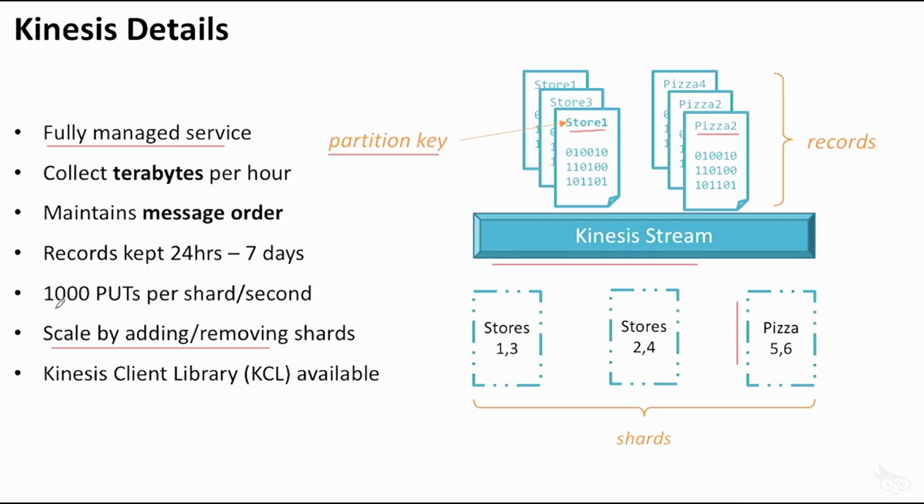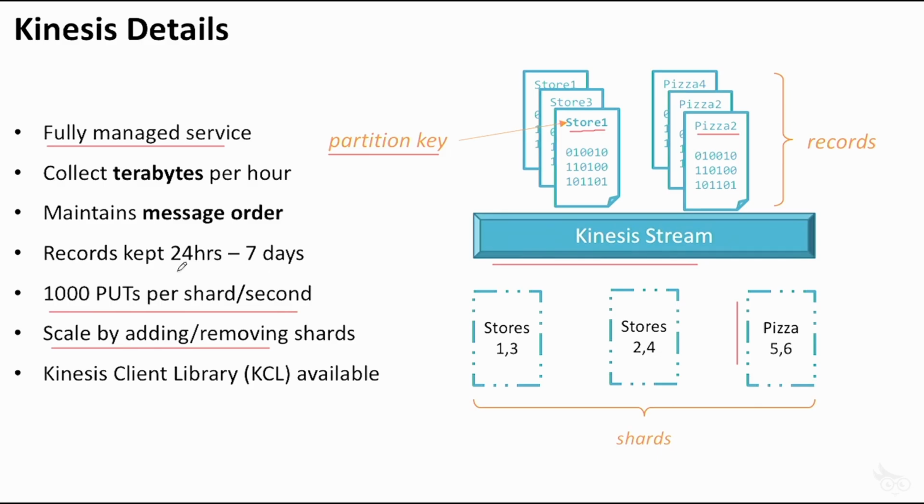Each shard can handle 1,000 put requests per second. So as we start to see more and more data come in, then with a few clicks of the mouse or a simple CLI command, we can add shards to enable our Kinesis stream to handle that increase in traffic.